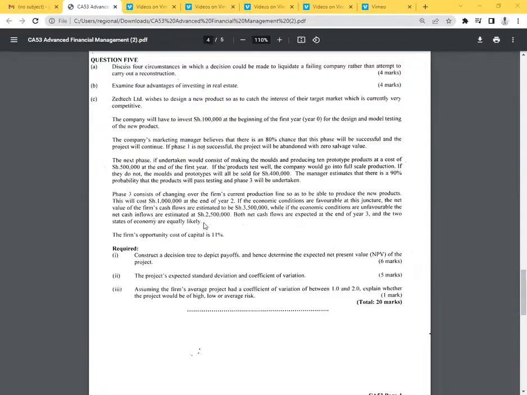The firm's opportunity cost of capital is 11%. So basically, they are giving us the COC, the cost of capital. They want us to construct a decision tree to depict payoffs and hence determine the expected net present value of the project. I'm so sure there must be somebody saying, Mwalimu, attack that question straight away.